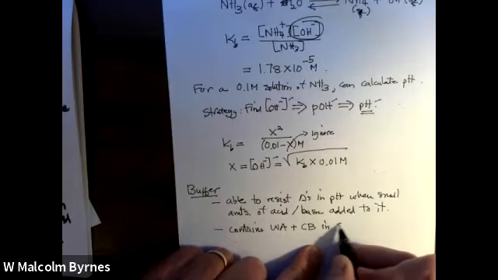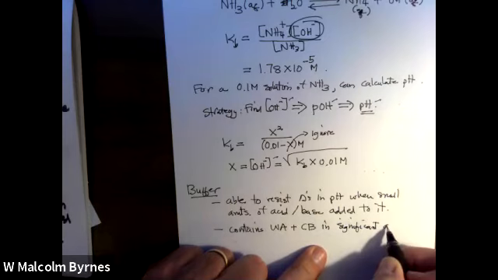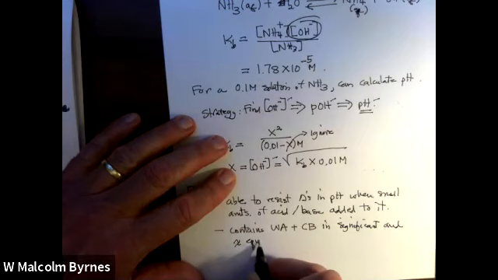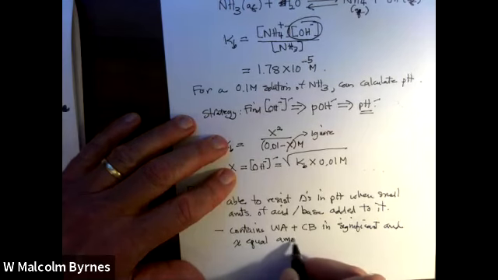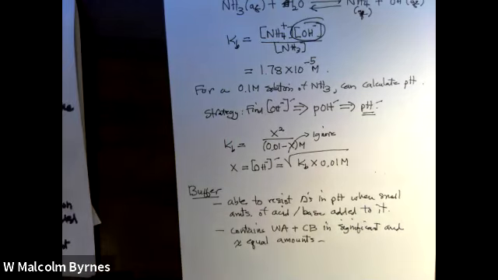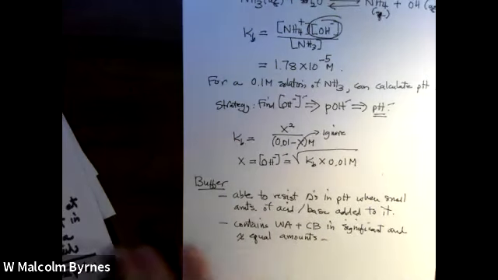In significant and approximately equal amounts. So if you have a weak acid and its conjugate base in fairly high and equal amounts, then you will have a buffer.